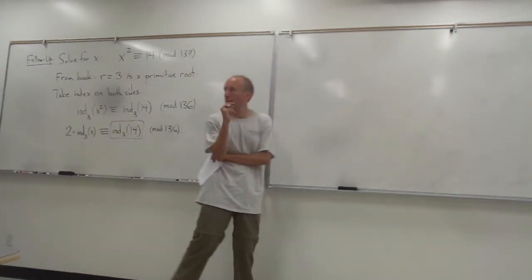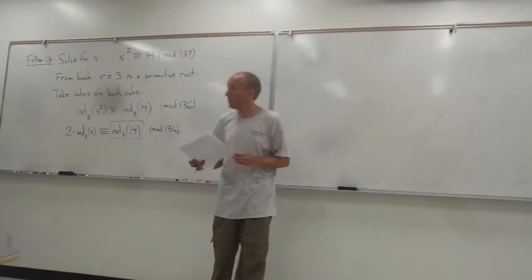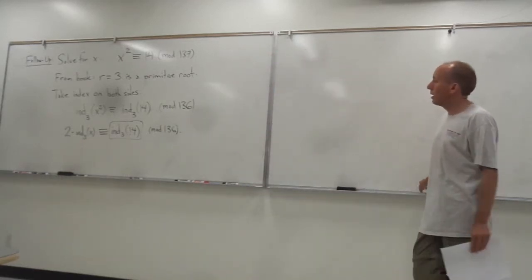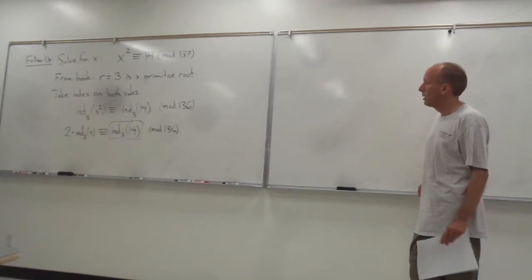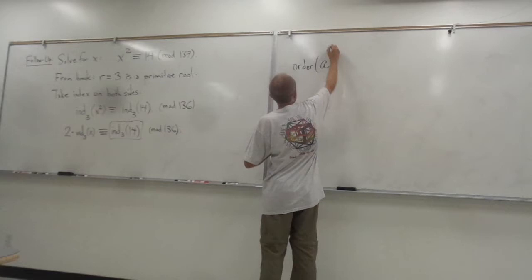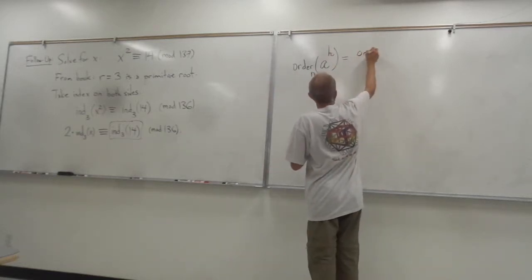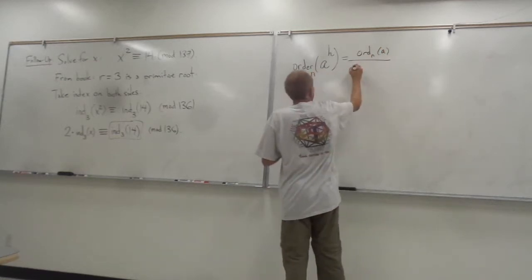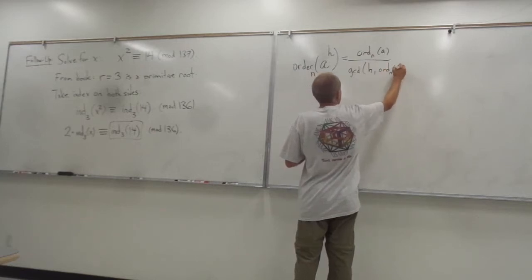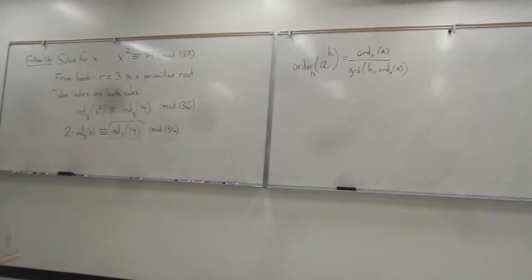Let's see. What's the order of 14? Because then we could use that weird thing, maybe, like a to the h is equal to k over g. Yeah, so you're thinking of this theorem, a very important theorem: the order of a to the h, say mod n, is just the order of a in mod n divided by the GCD of h with the order in mod n of a. So that's a theorem that you could use.